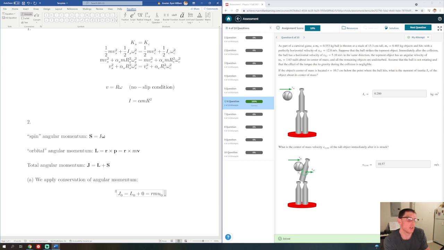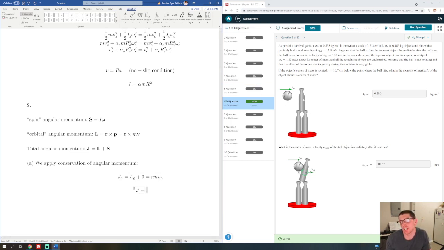Now, what happens after? Let's call it J final. The ball's going to continue to move, right? They say immediately after the collision, the ball still has a horizontal velocity of, for me, 5.10 meters per second in the same direction. So we still have that. We'll write RMU, where U is what they call V sub BF. Hang on, let me get to that in a second.